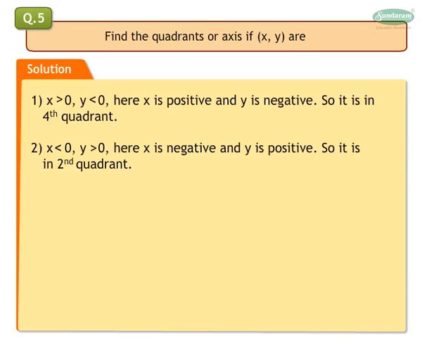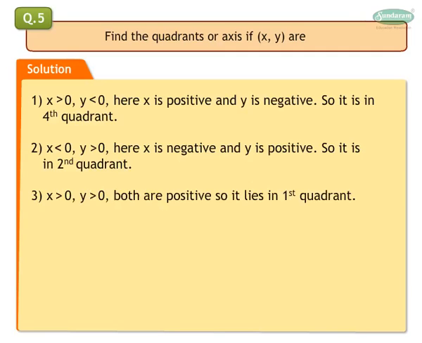Here x is negative, y is positive, so it is in the second quadrant. 3. Both x and y are greater than 0. Both are positive. Hence it lies in the first quadrant.